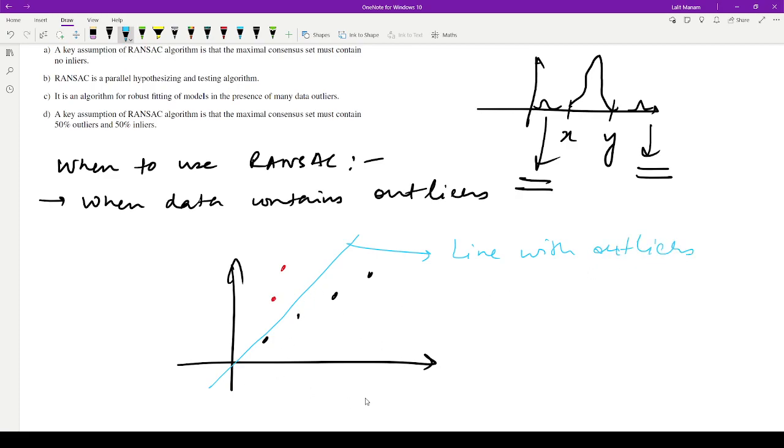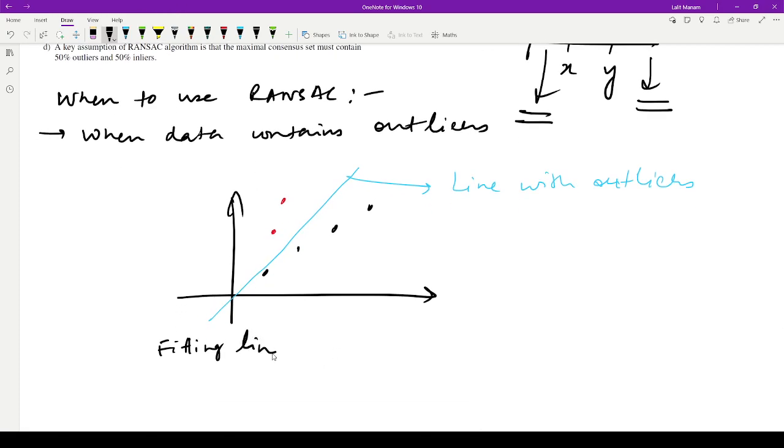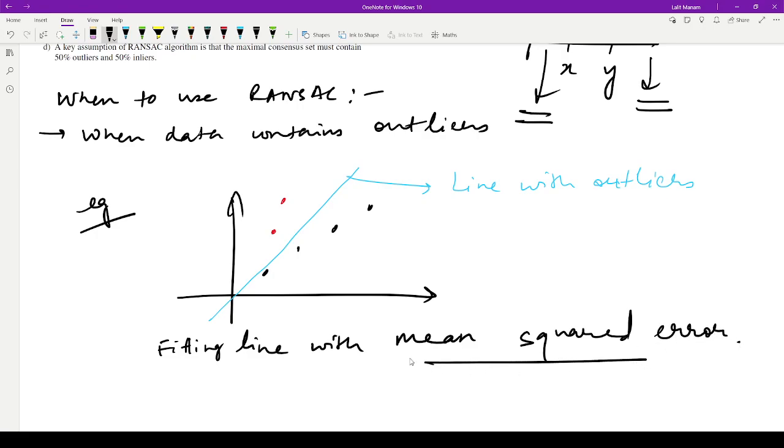I'm fitting it with mean squared error. So what does mean squared error mean?